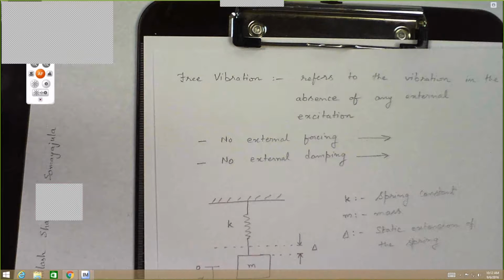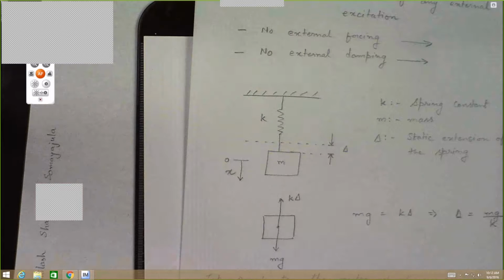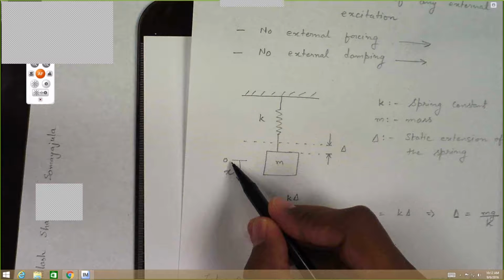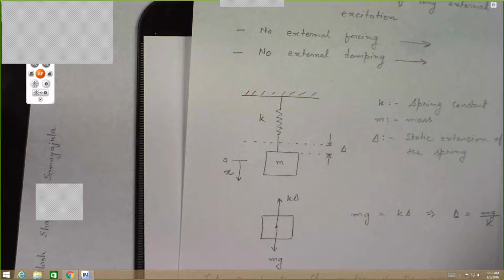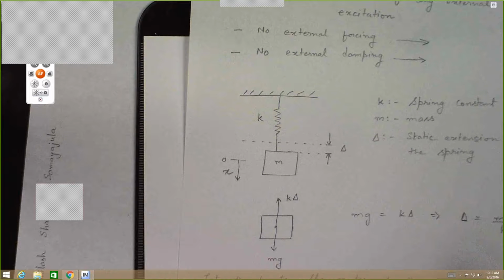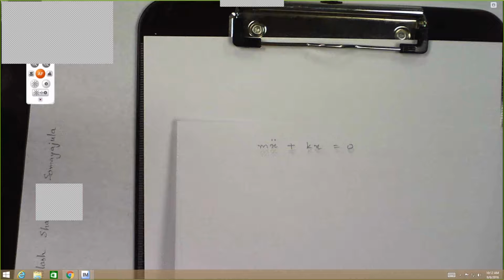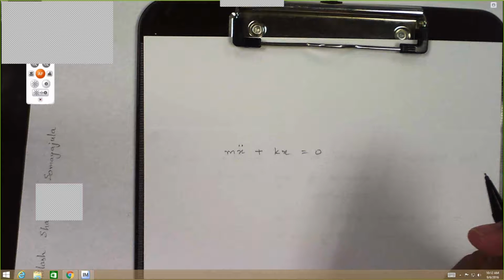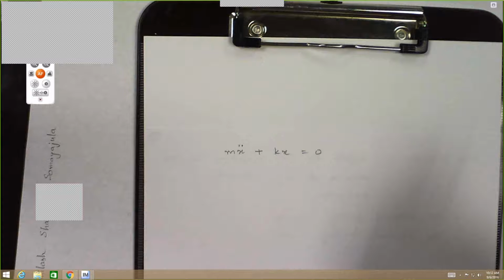In this diagram, we chose origin point O at the static equilibrium position. If we had chosen the origin point at some other place, then you can verify yourself that your right-hand side would not be 0, but indeed would have some of the static terms included here.